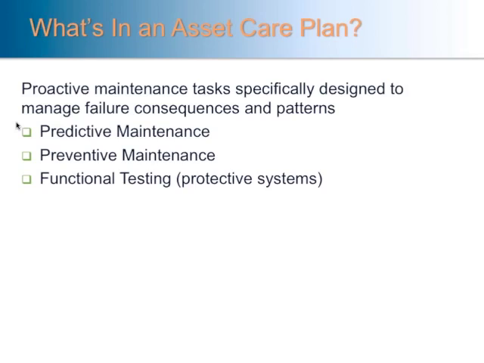Predictive is different because predictive looks at equipment and tries to find those failing indicators. I'll just quickly analogize to the human body. Although we might have an average life of 72 to 76, I don't think anyone here would schedule a heart replacement at 71 years. But what we might do is keep an eye on blood pressure.